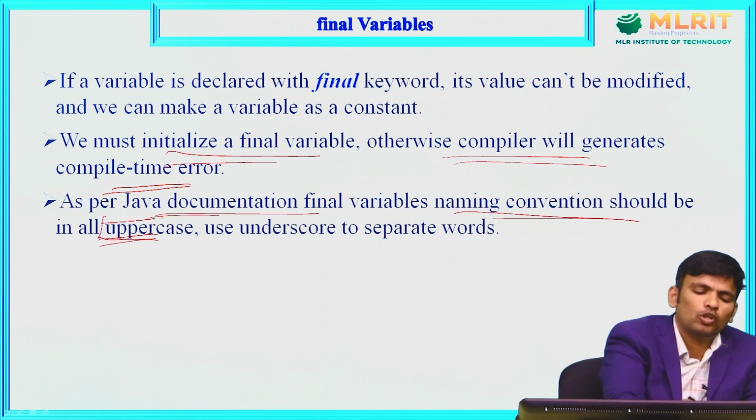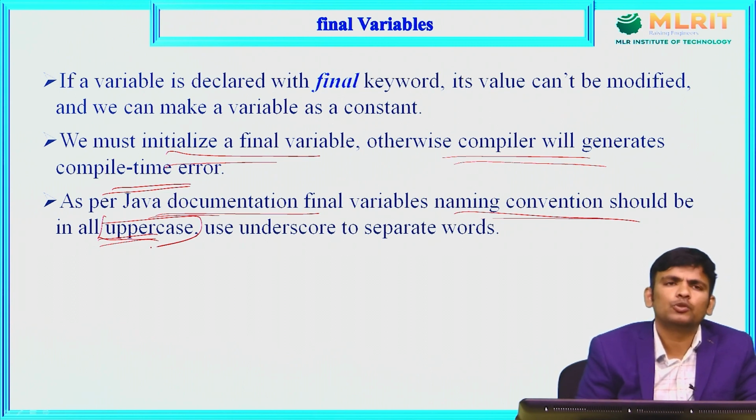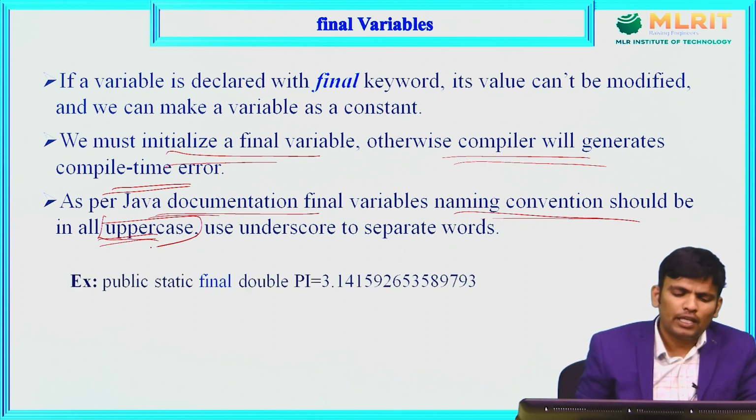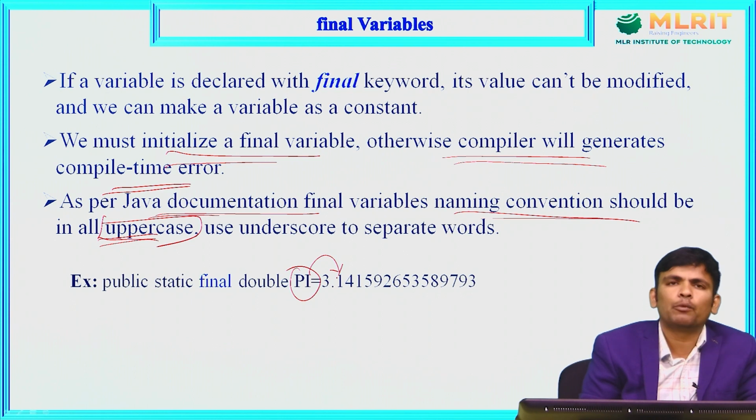If it is multi-word, we need to use underscores to separate the words. For example, take a pi value. As we know, the pi value is 3.14, and it is always 3.14 only.